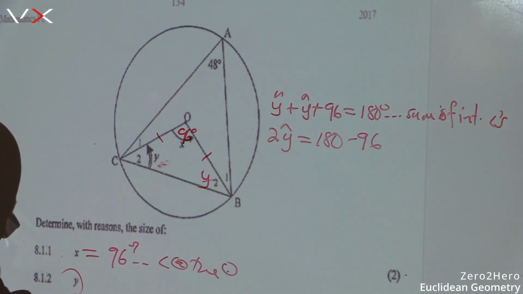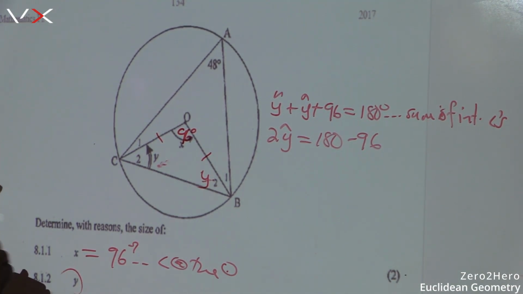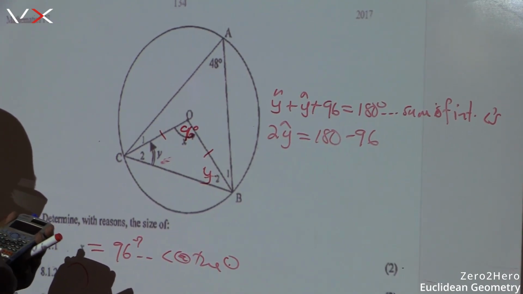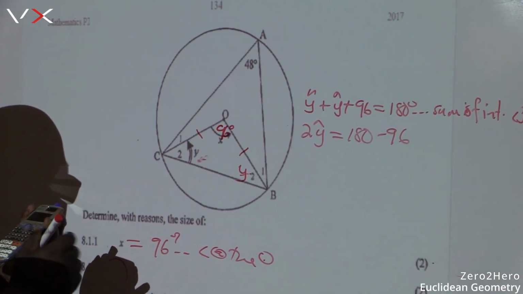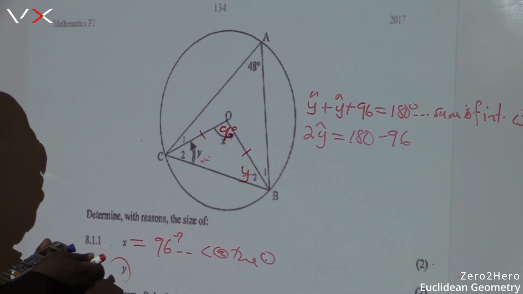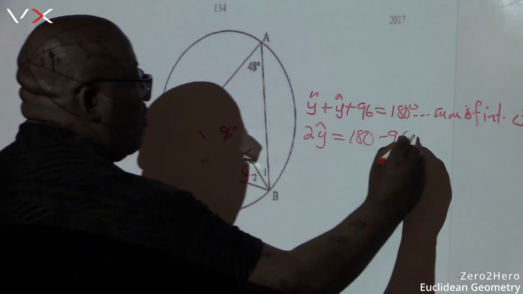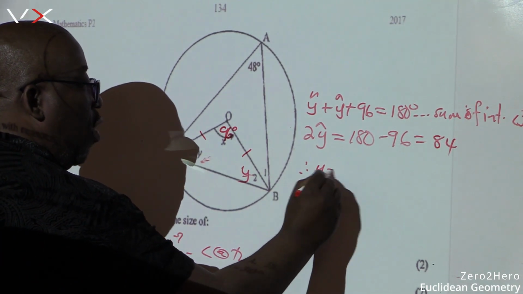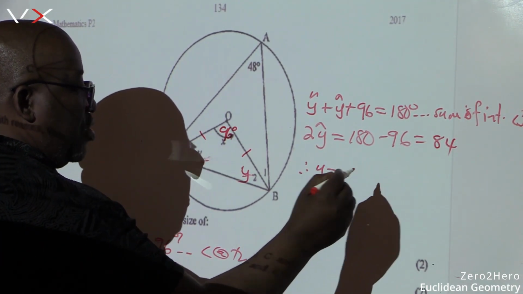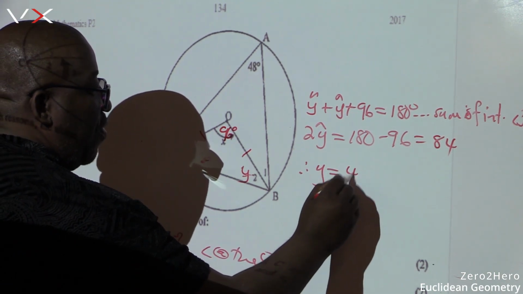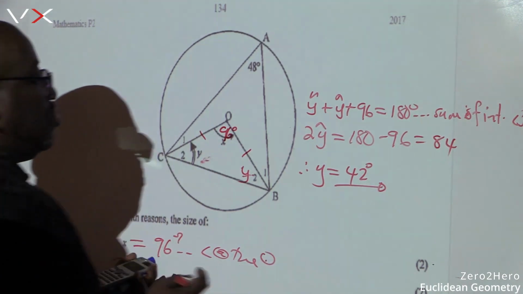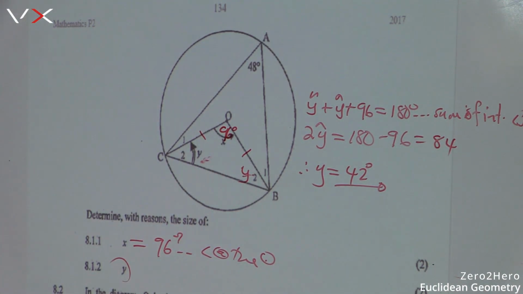What is 180 minus 96? It gives me 84. Therefore, Y will be equal to 84 divided by 2. 8 divided by 2 is 4, and 4 divided by 2 is 2. So Y will be equal to 42 degrees. That's how you can answer any question once you've got your theorems right.